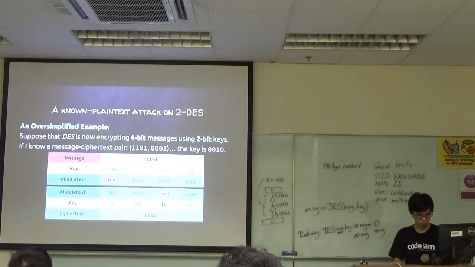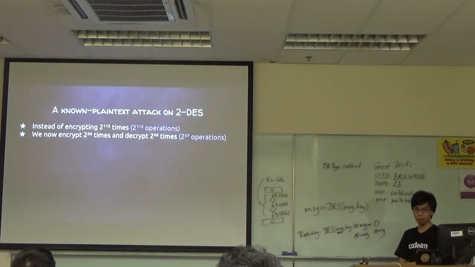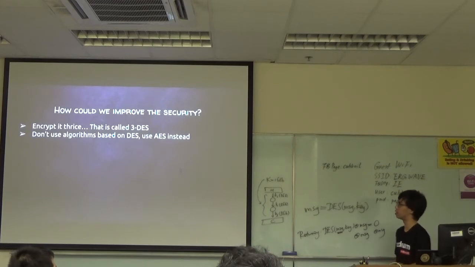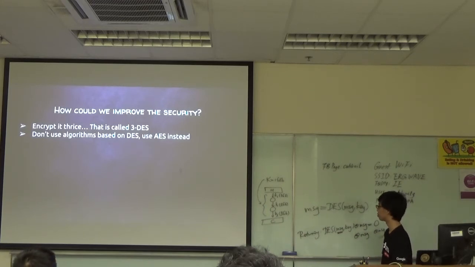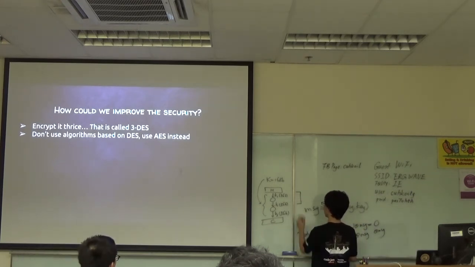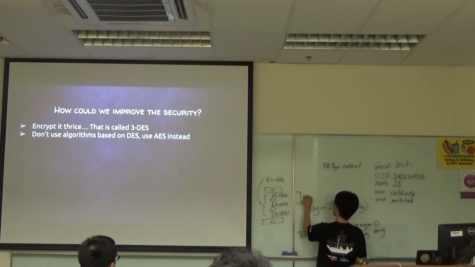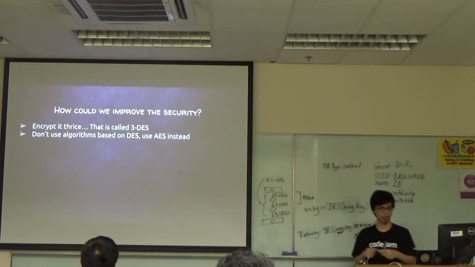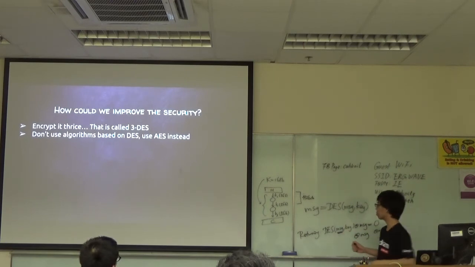Let's think again. If we know a plaintext and a ciphertext, we could still attack this in a similar way, but somewhat differently. Maybe we could encrypt the first two by exhausting the 112 bits. Of course, the number is too large and this is not realistic.